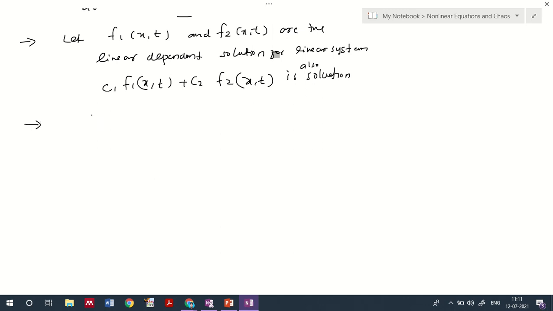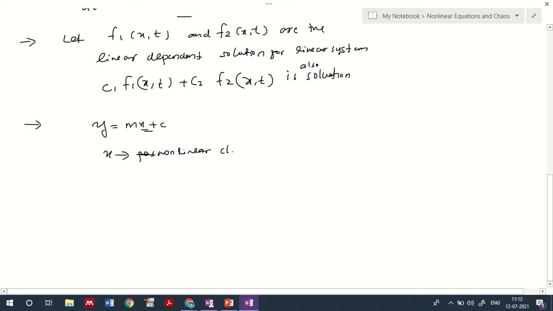For example, if you define y equals mx plus c, and the nonlinearity is in terms of x, which is a change in position, so if there is a nonlinear change in position with respect to time t, then we can call this a nonlinear system, okay.